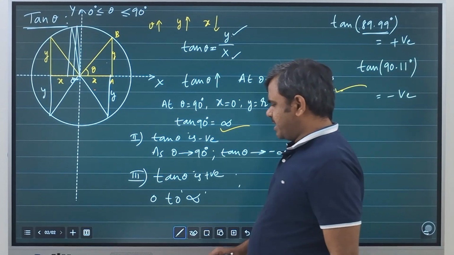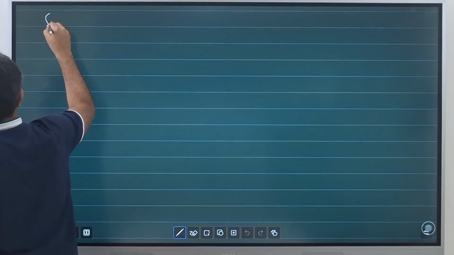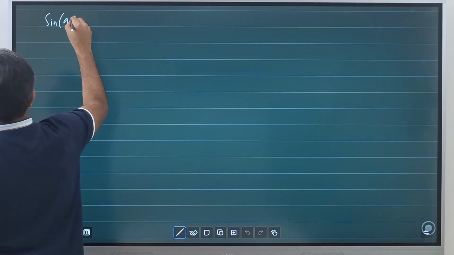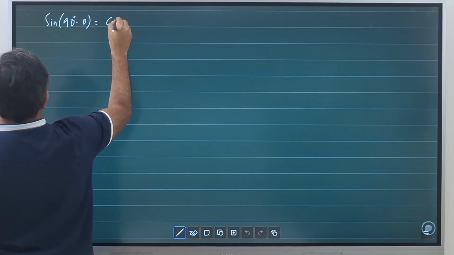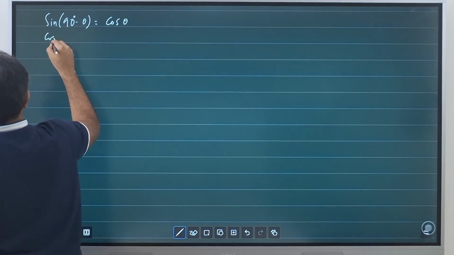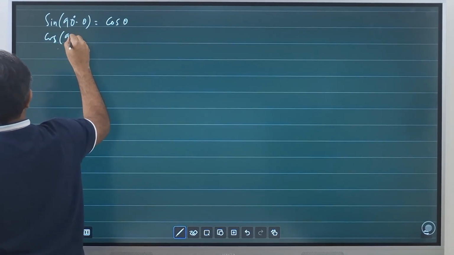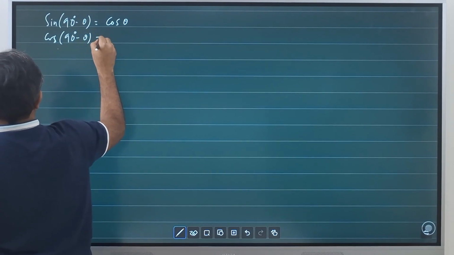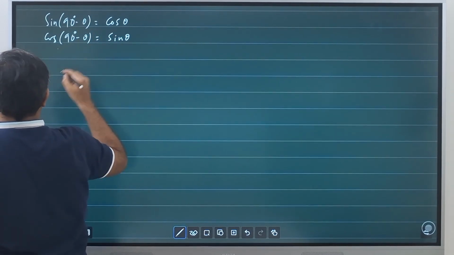What about those identities? We know sine 90 degrees minus theta is equal to cos theta, cos 90 degrees minus theta is equal to sine theta.